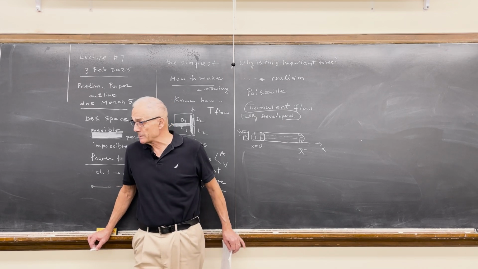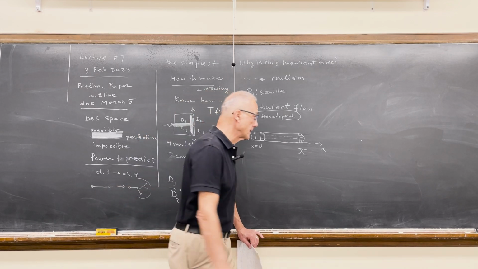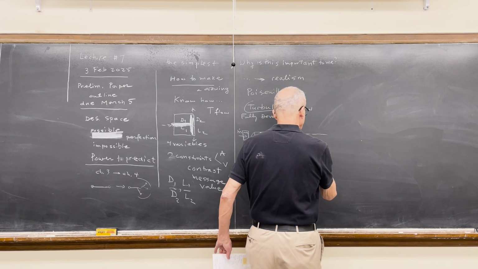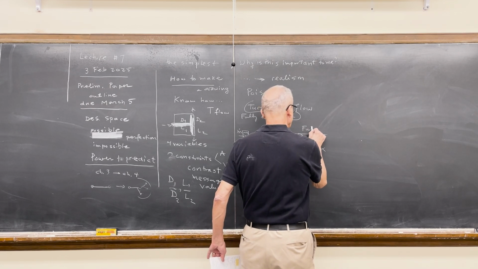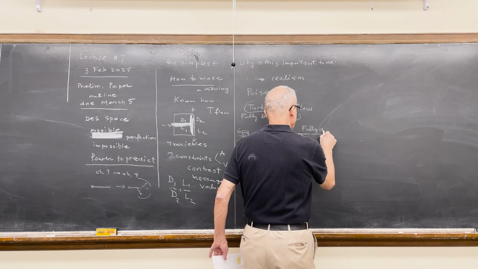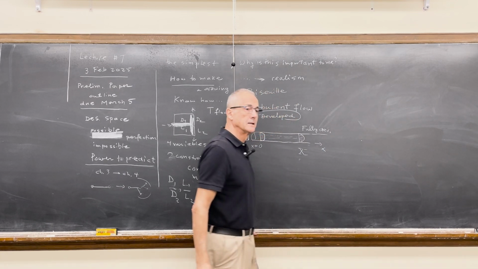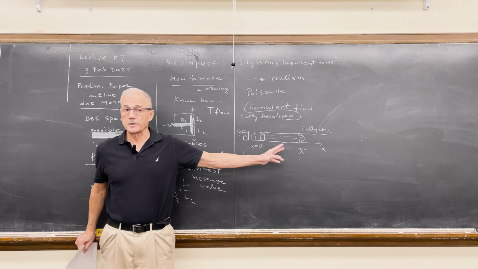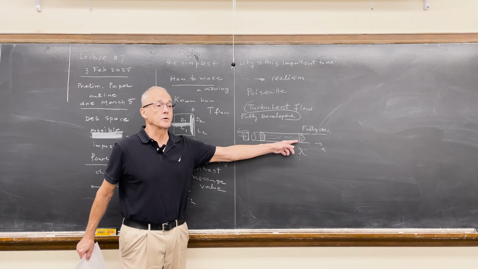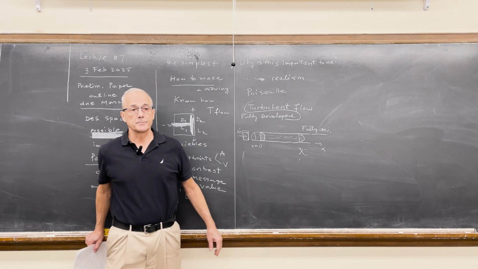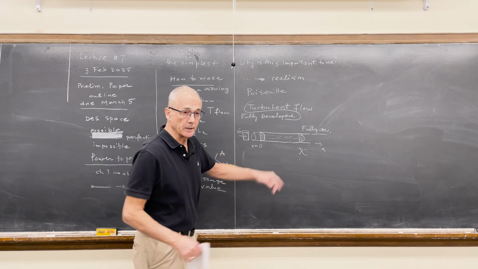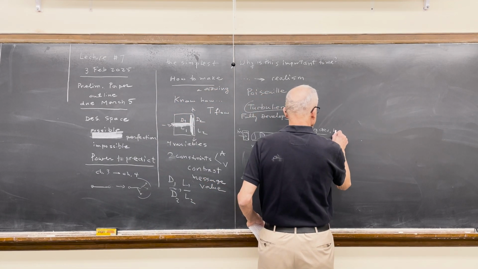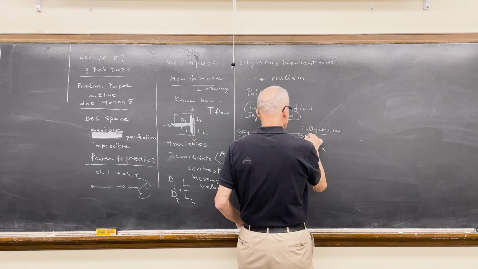And then downstream of the entrance length is the so-called fully developed length. The sketch that I made refers to laminar flow. This is the profile of Poiseuille, which means fully developed laminar. This is fully developed laminar.